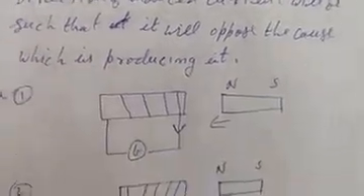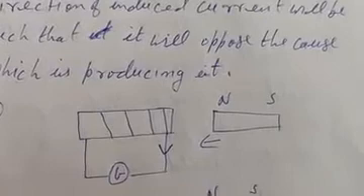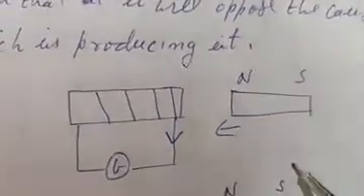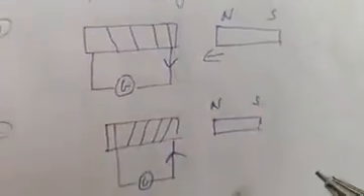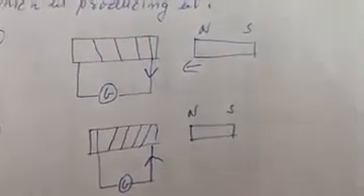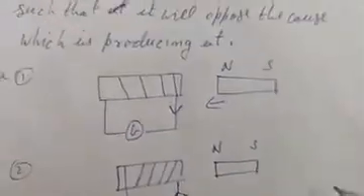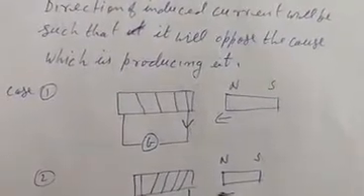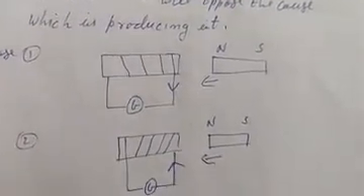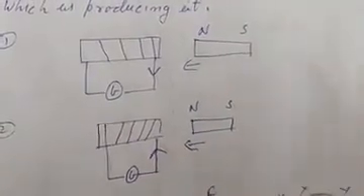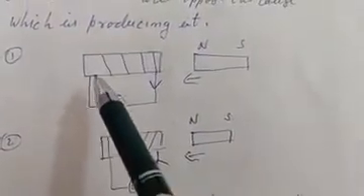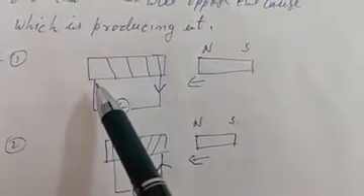Now for that, I am coming to the first coil. This is the coil, and here actually I am showing two coils. In both the cases, the bar magnet is moving towards the coil, but what is the difference? In the first coil, this wire is going from the back side.